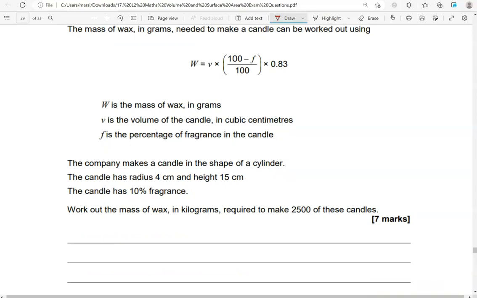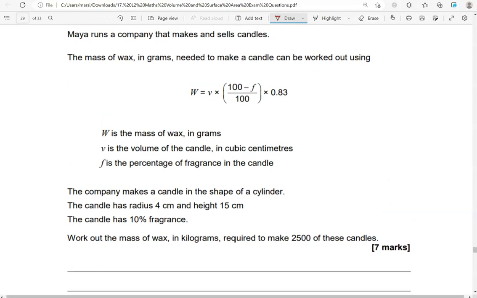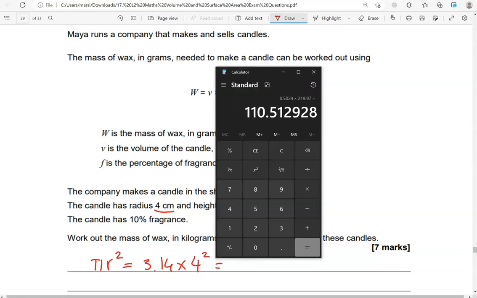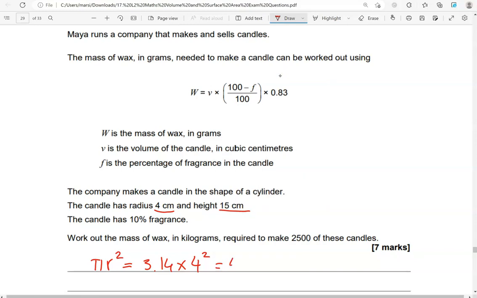So we'll use the formula, but we need the volume in cubic centimeters. So candle has radius 4 centimeters and height 15 centimeters. So pi r squared first to get the area of the base. So 3.14 times 4 squared. So that is 3.14 times 16, which is 50.24.